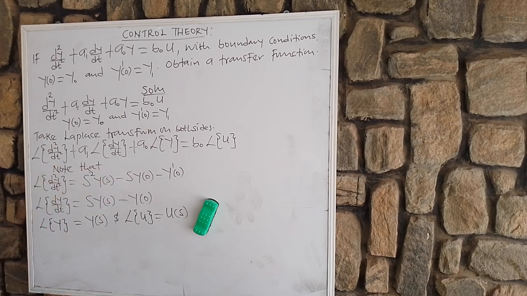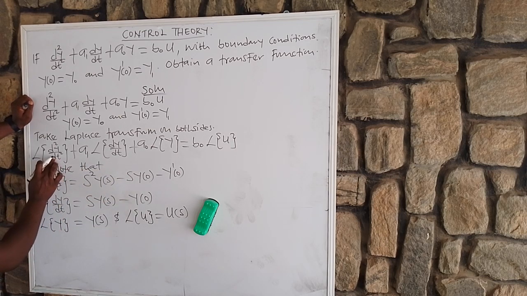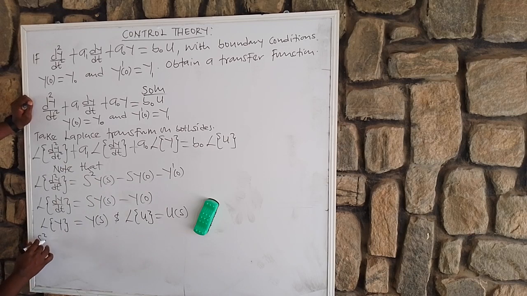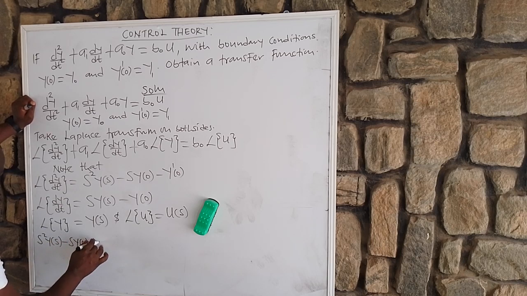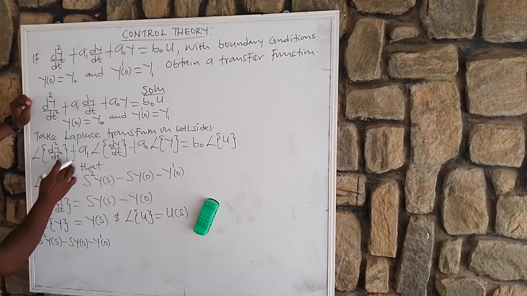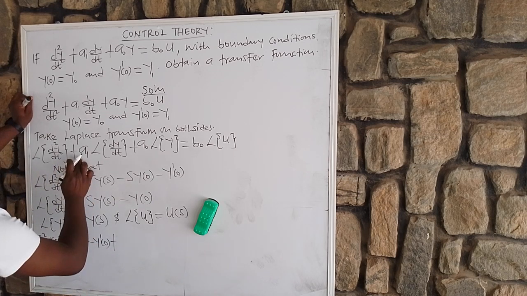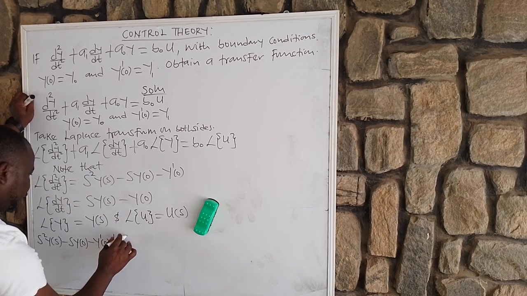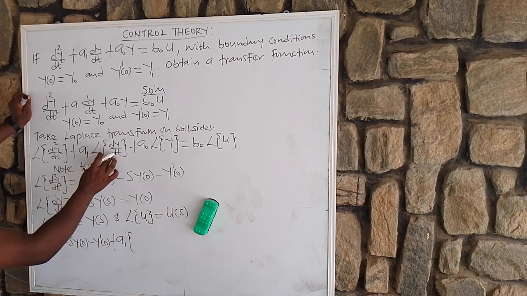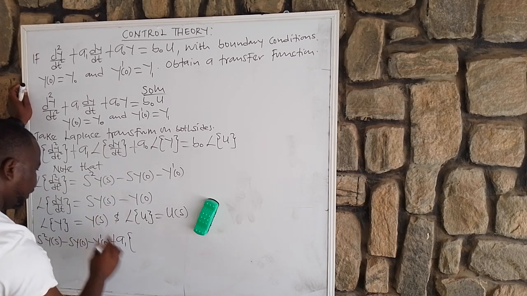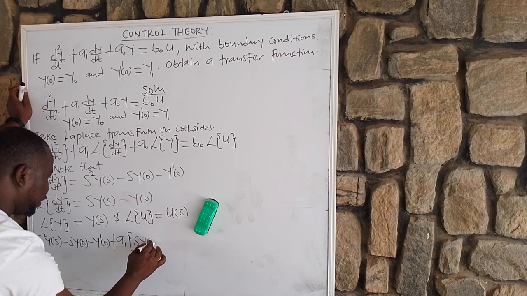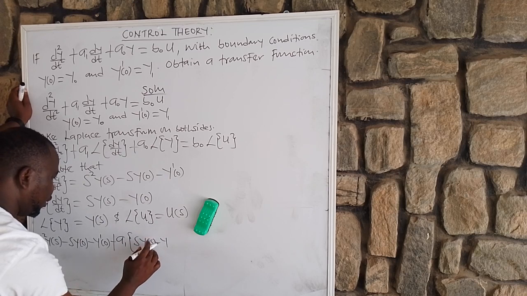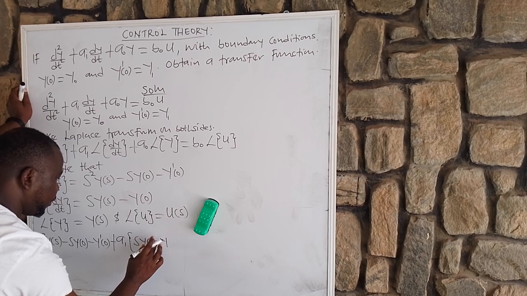So instead of all this, we are going to replace them with these. Is that clear? So let's write. We start with s squared Y of s minus sy of 0 minus y prime of 0. Then plus a1, and we create a bracket for the Laplace transform of the first derivative: sY of s minus y of 0.